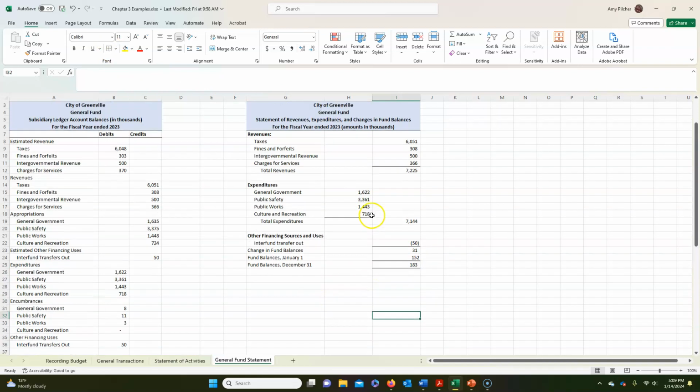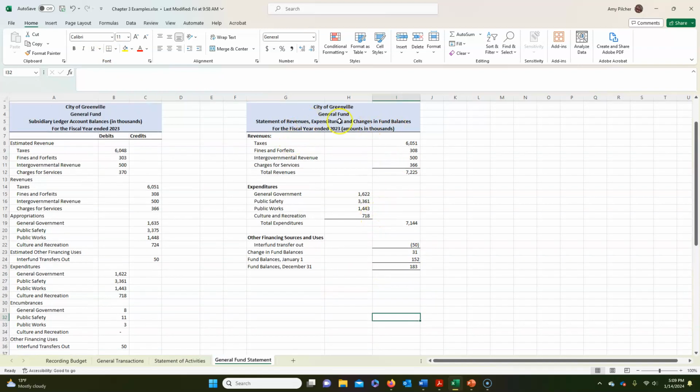Okay, so that statement of revenues, expenditures, and changes in fund balances, you can see it's very similar to an income statement for a business where we have revenues minus expenses, and then we have other sources and uses of cash. In this case, we only had a use of financing, then the change in the fund balances.